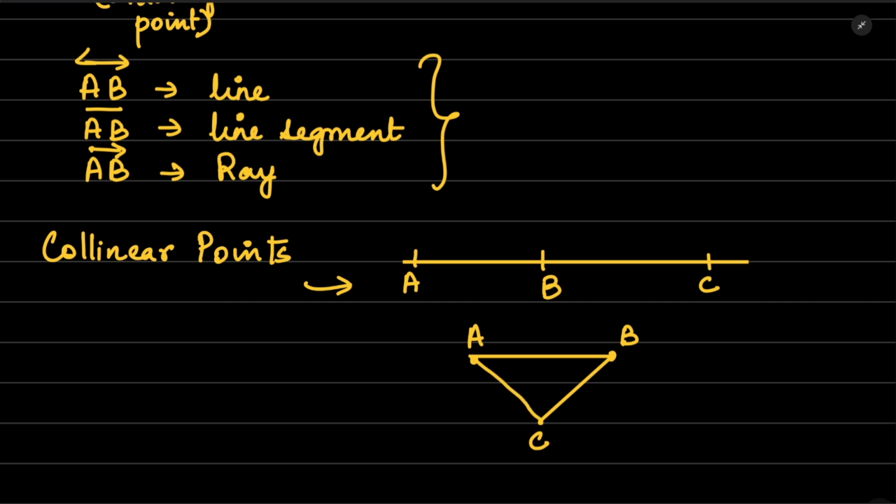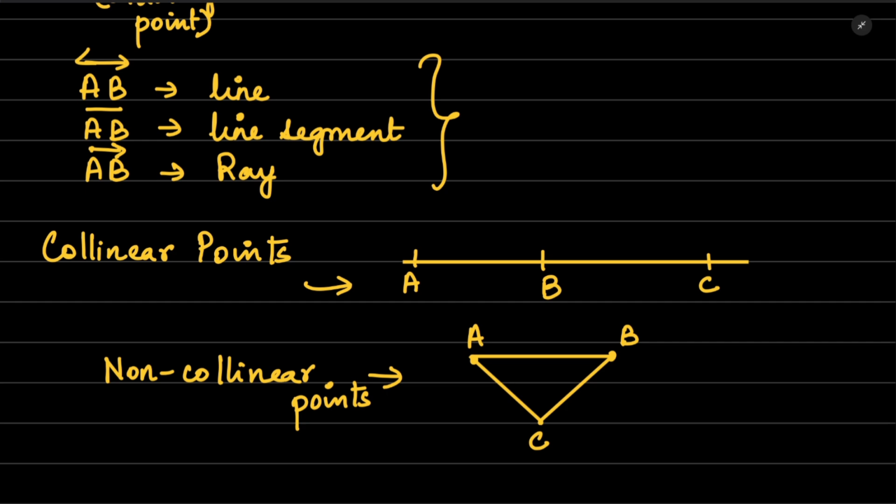There is a line joining the three points, but they are not on the same straight line. So the points which do not lie on the same line are called non-collinear points. It's very important that you understand the basics before you start solving the problem. These are things which you have to remember.